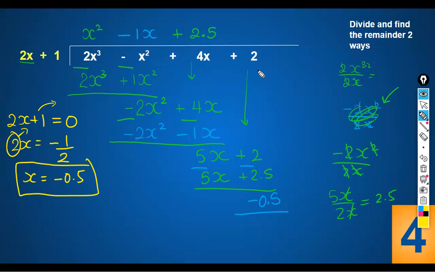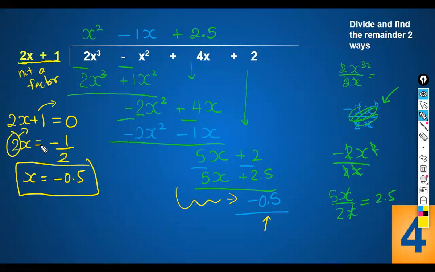And when you work that out, it just so happens you get back minus 0.5. So now replace all the x's inside here with brackets and put minus 0.5. And once again, when you work that out, you're going to get back the same remainder as minus 0.5. So since we got a non-zero remainder, this is not a factor.